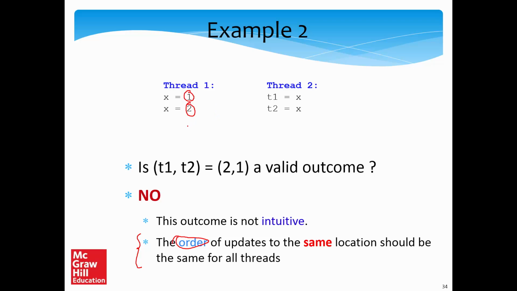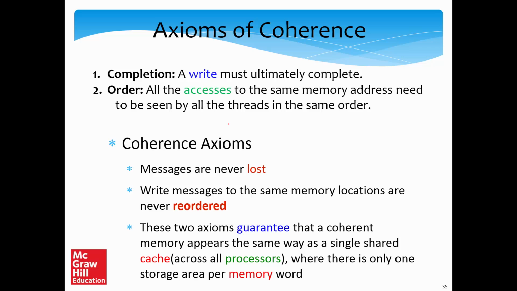So if thread 1 is saying that, look, x was first 0, I changed it to 1, and then again I changed it to 2, well, thread 2 should agree with this view. Thread 2 can read any values because the execution is non-deterministic, but it should never say that I read 2 first and then I read 0, or then I read 1, because it's not consistent with thread 1's order.